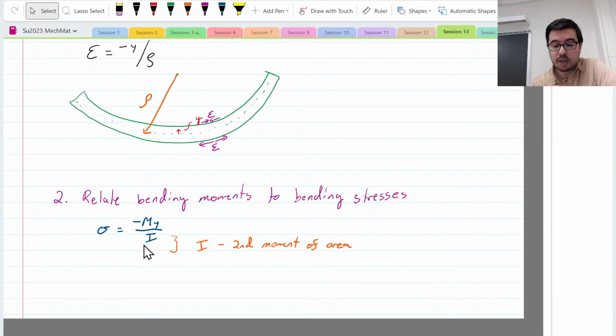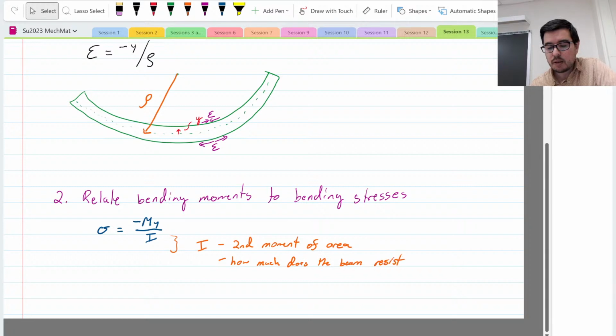So this is giving us an idea of how much does the beam resist bending. Okay. And it's purely based on the cross section.